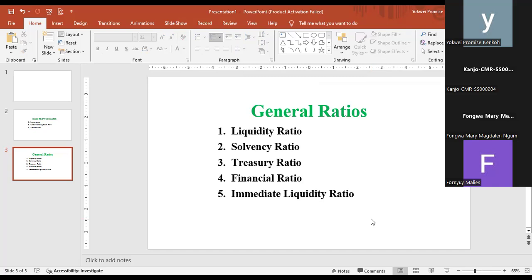Are you getting me? Yes, please. We use current assets, meaning the combination of the current asset itself and the treasury, and then we divide it by the current liabilities, or liabilities which are less than a year.